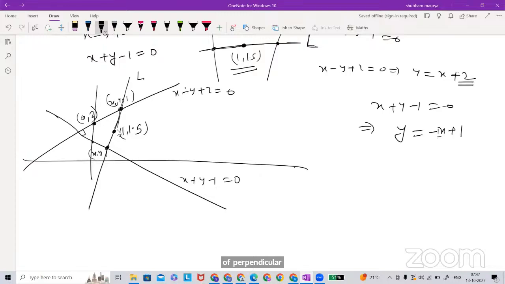We cannot assume that, no? Actually we can calculate here: M1 into M2 is equal to minus 1. Yes. Will that slope help to find that line? Yes, I think so, because then it is a right angle triangle. Slope is 1.